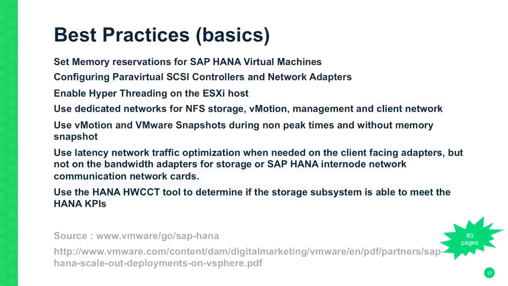So let's move to some best practices, some basics about how to implement TDI configuration on VMware. Set memory reservation for SAP HANA virtual machines. It's also important to configure the Paravirtual SCSI controllers and network adapters, because paravirtualization improves the performance a lot. Enable HyperThreading on the ESXi host and use dedicated networks for NFS storage, vMotion, management, and client network.